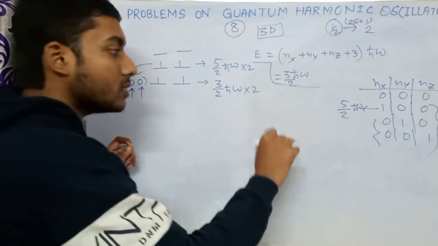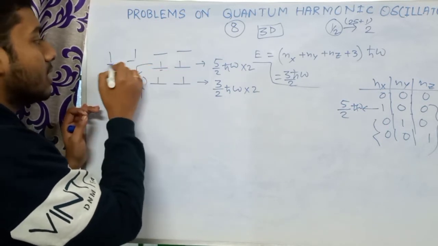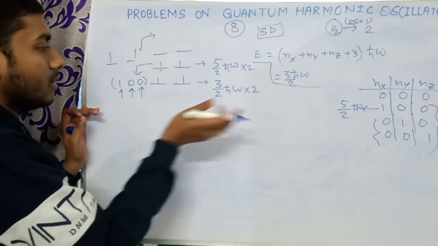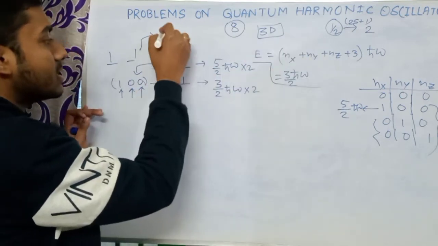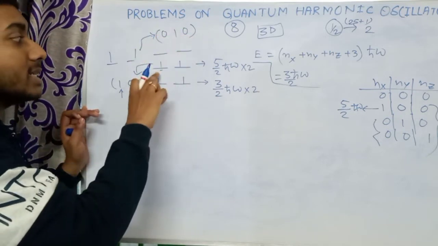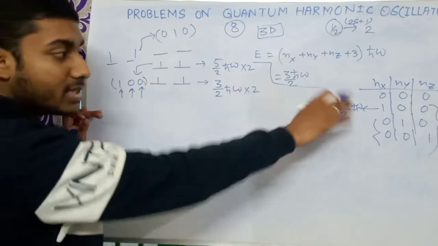That is, the electron can also occupy the two levels like this, and then the values of n are, suppose, 0 1 0. That is the same energy, as I have discussed here.